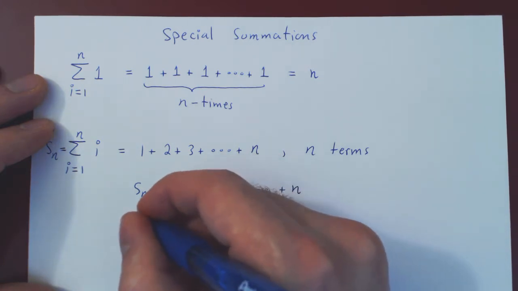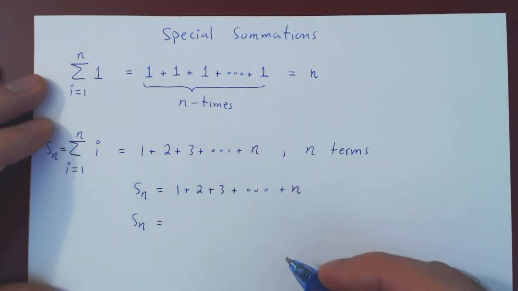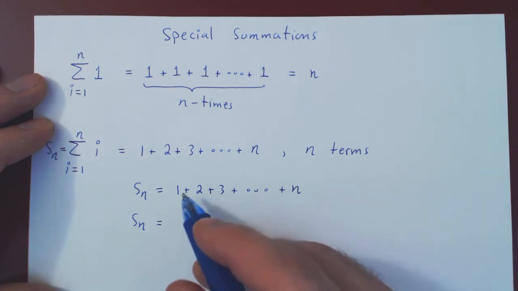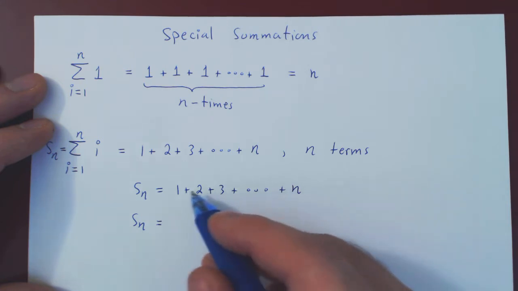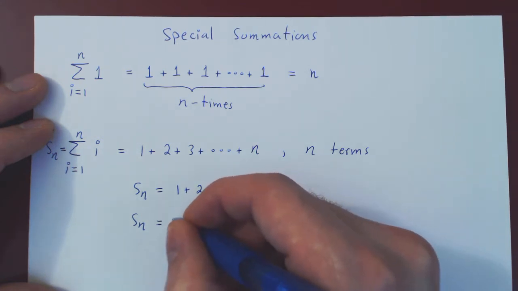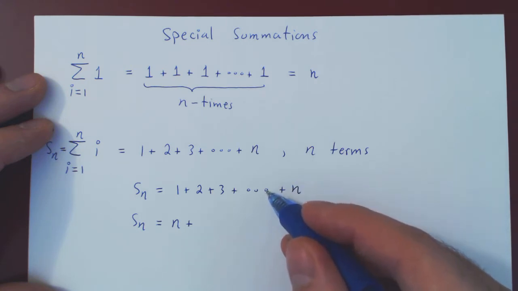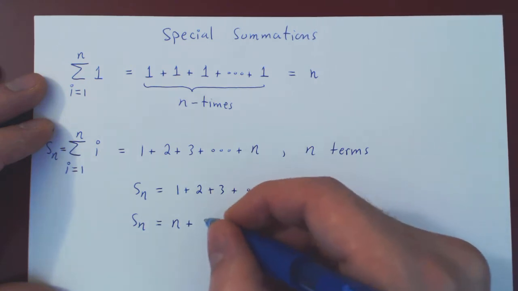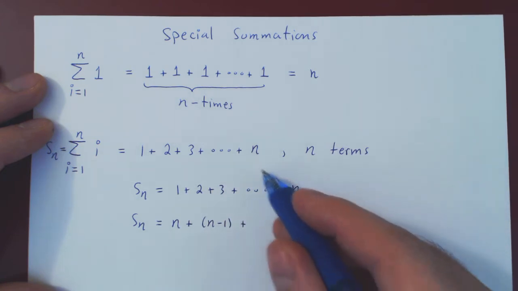Let me rewrite Sn, but now by summing the terms in a completely different order. Instead of summing from 1 to n, I'll sum from n down to 1. So I'll do n plus, well, what's before n? It would be n minus 1. Plus, well, what's before n minus 1?